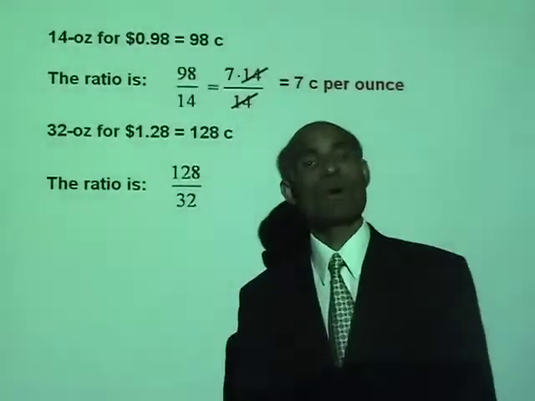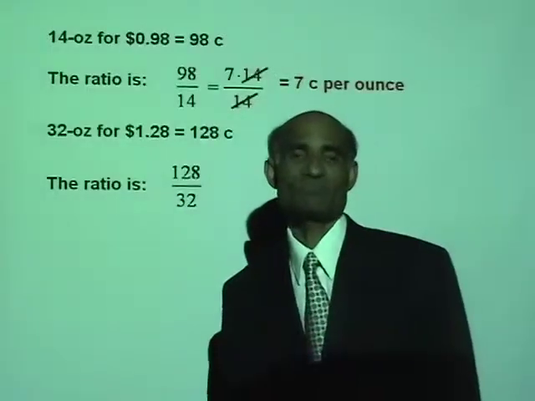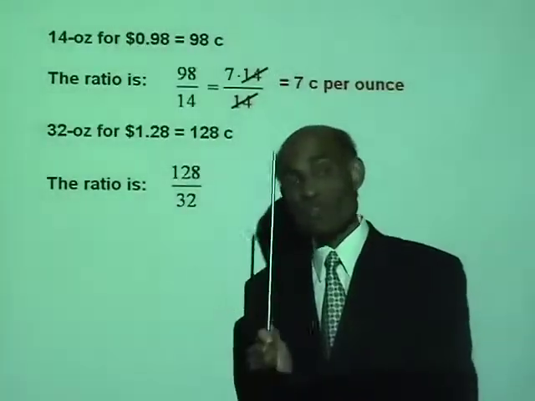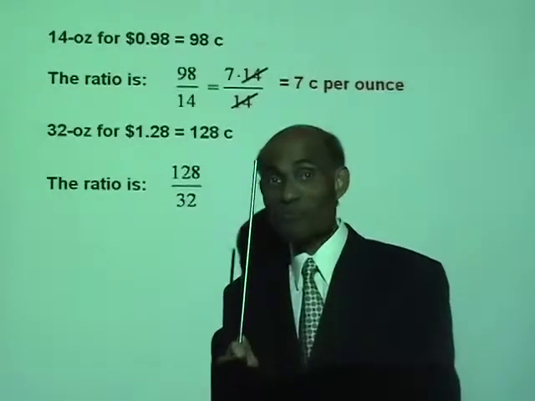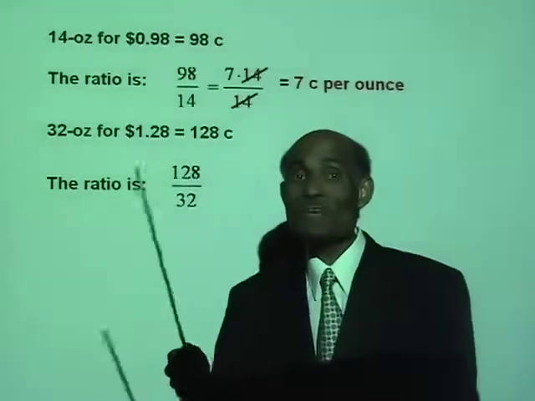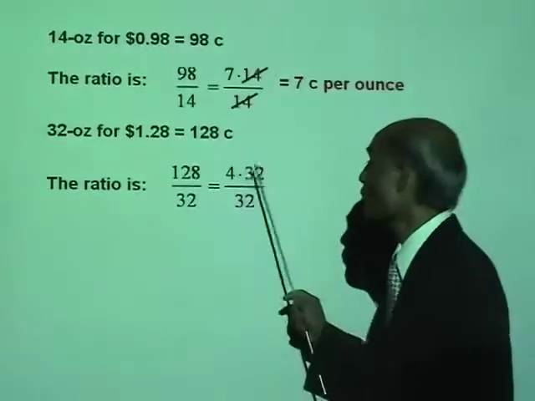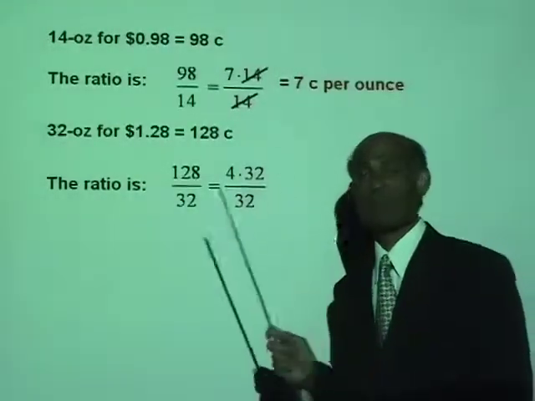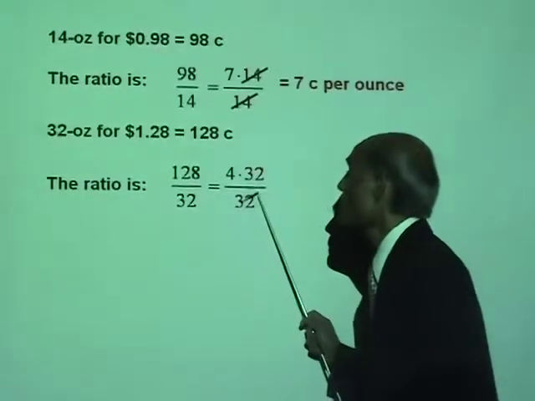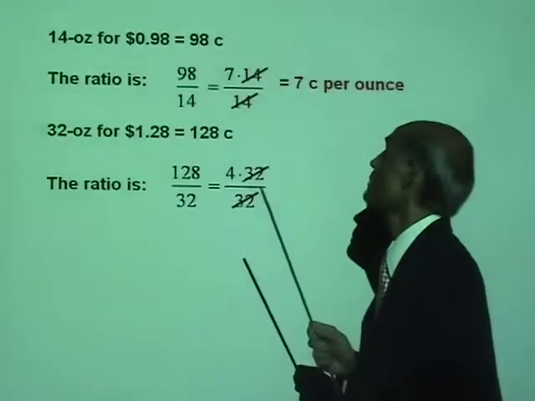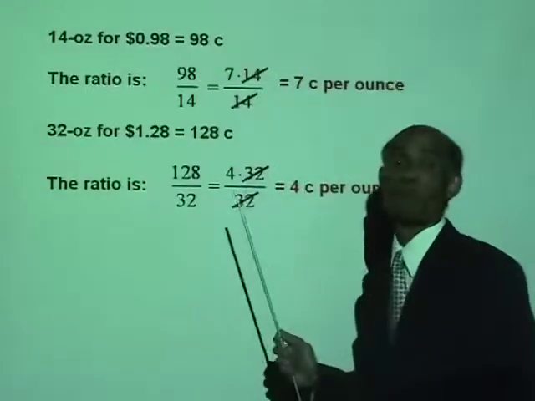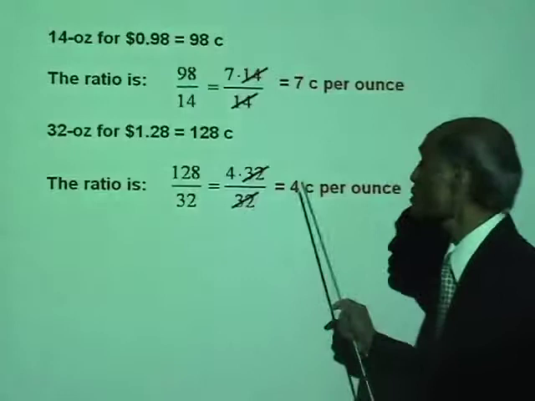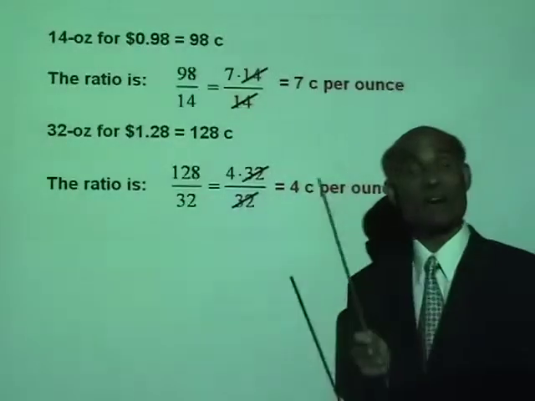Can you tell me what is that ratio? These numbers are pretty good numbers. You see, 4 times 32 is 128. Divided by 32, 32 and 32 go. What does that tell you? This particular brand is only costing you 4 cents an ounce.